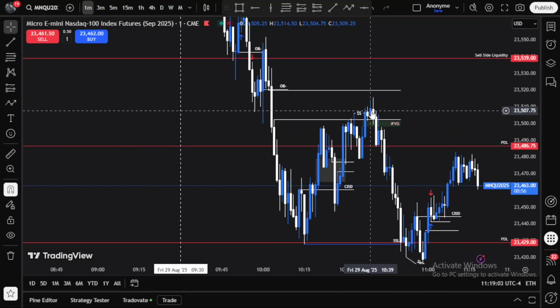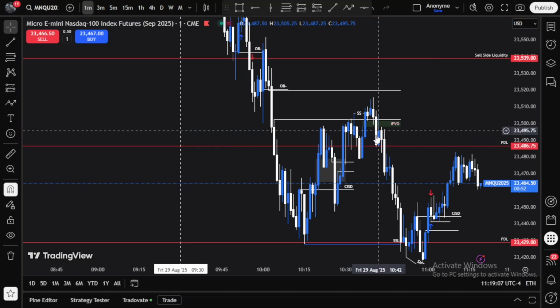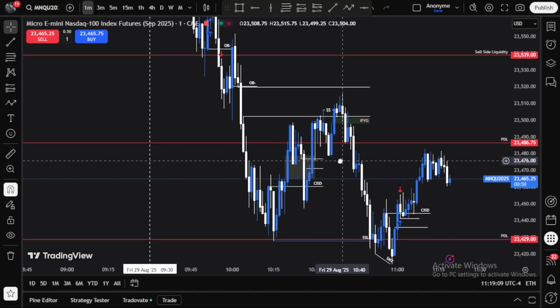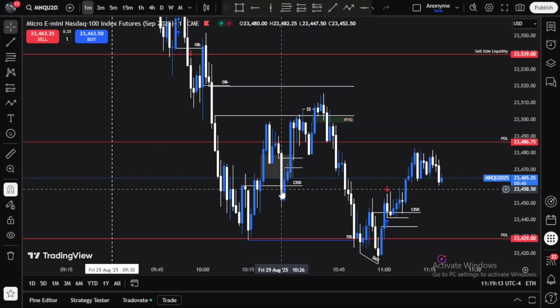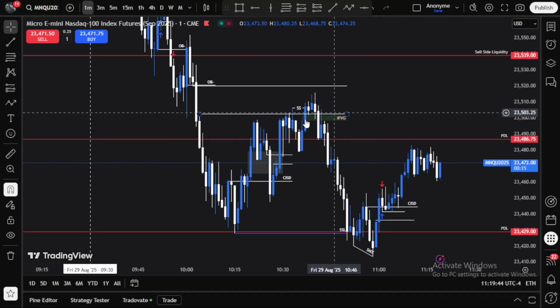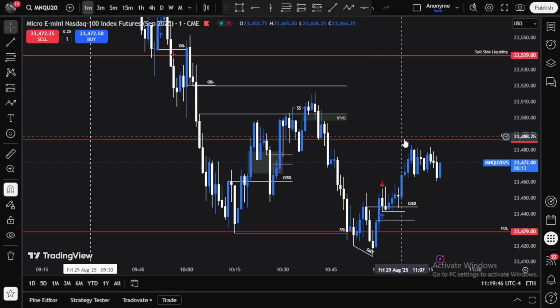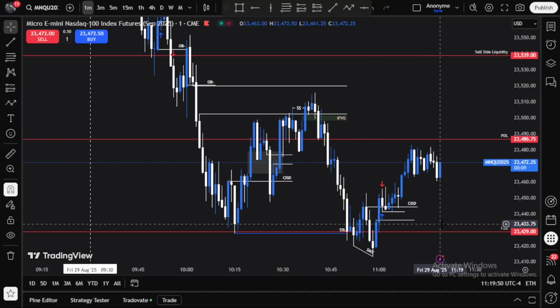This is an order block, this is an order block, and an inversion. I didn't take it because we inversed it and then re-inversed it. I thought that we could just be playing around back and forth, so I waited for the macro.